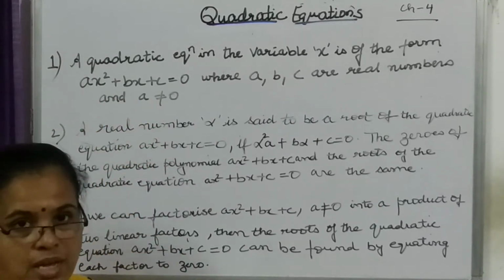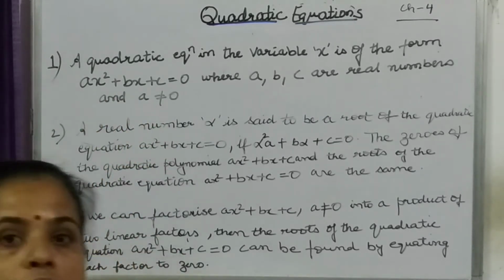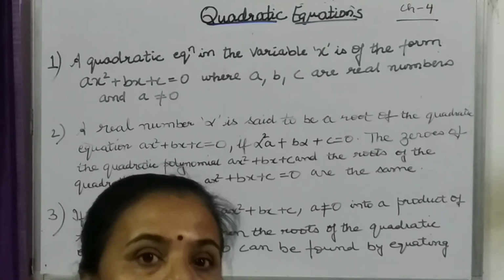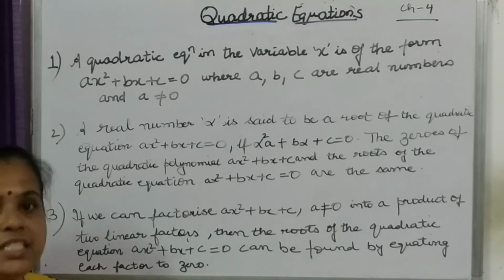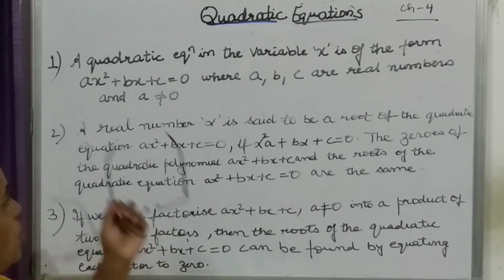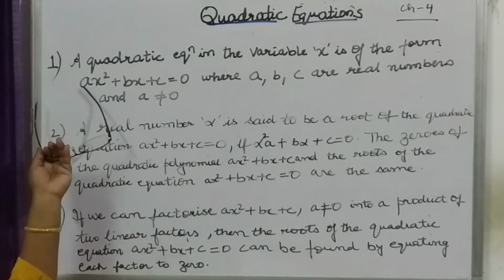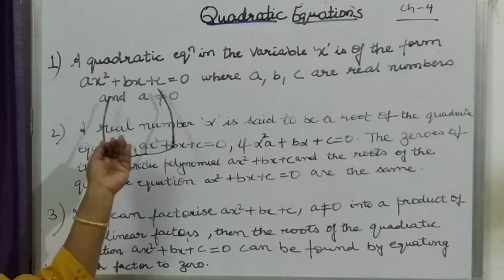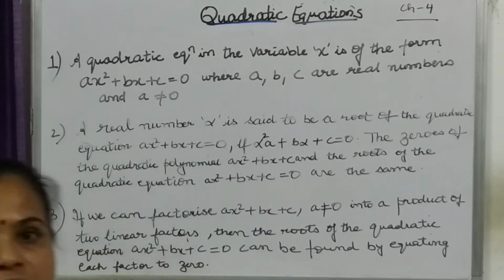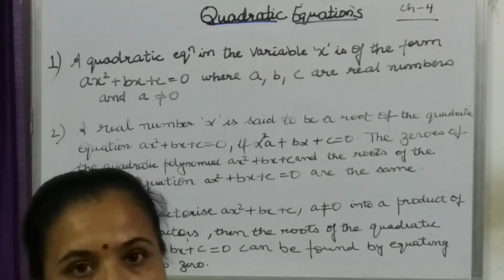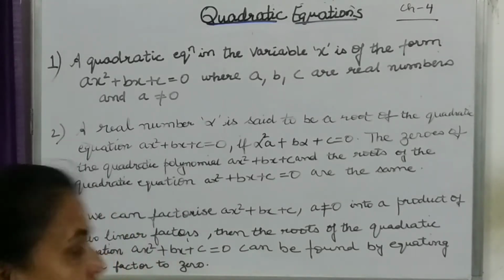Because when I say the word quadratic, it means that the degree of this equation is 2. So if a is 0, I will get bx plus c is equal to 0, and then the degree of the equation becomes 1, and therefore it will not be a quadratic equation.